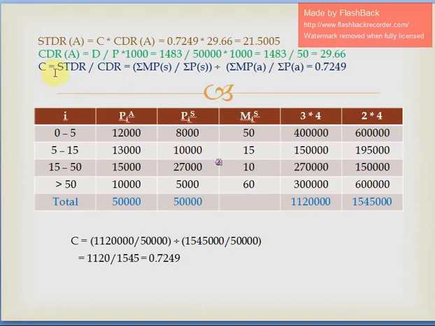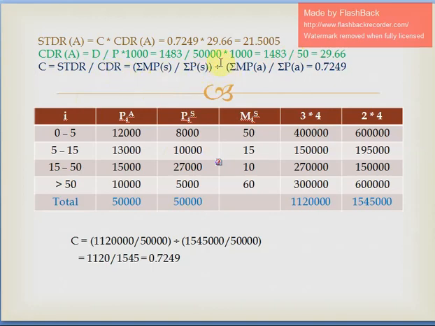So what is this C? C is simply the standardized death rate divided by CDR, and that is the same as summation MIS PIS divided by summation PIS, and this value should be divided by CDR.